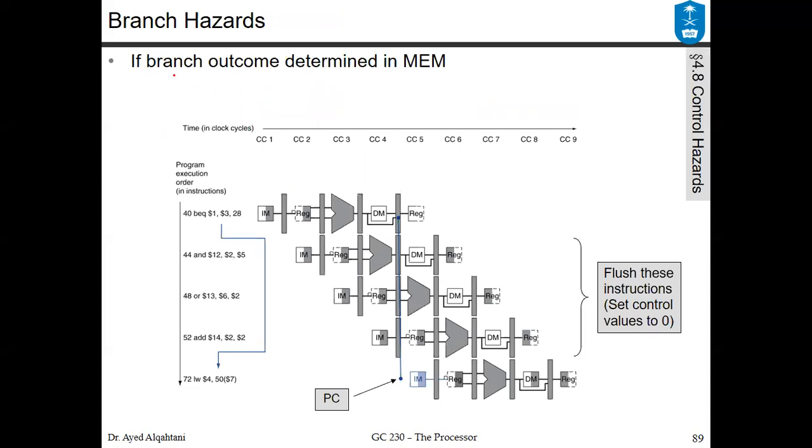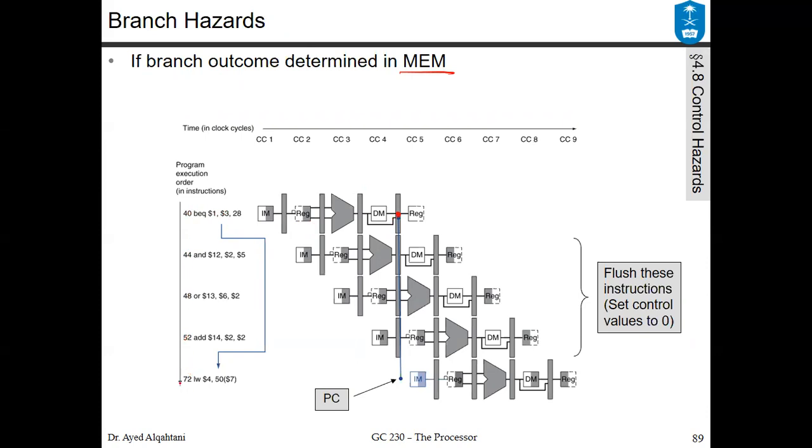So in a branch hazard, the branch outcome is determined in the memory stage, which is far away inside the pipeline stages. So if there is a branch instruction that starts from position 40, this is the instruction address. The address is 40, and then you add 4, and then you add 4, and then you add 4.